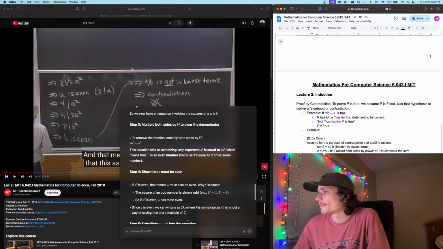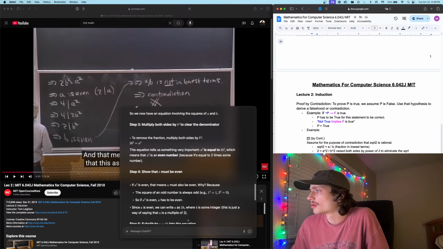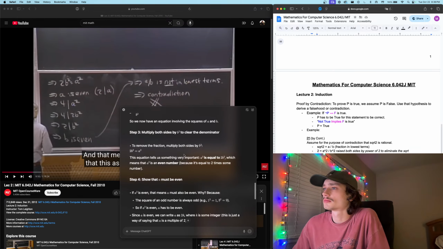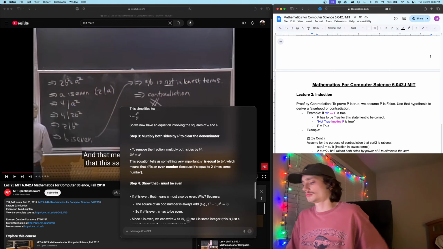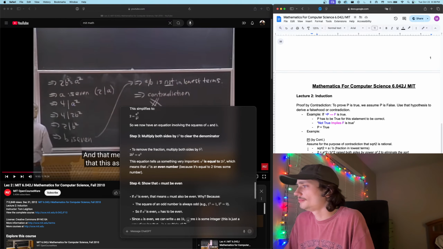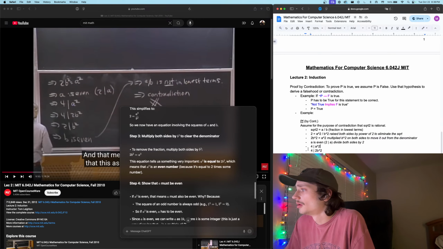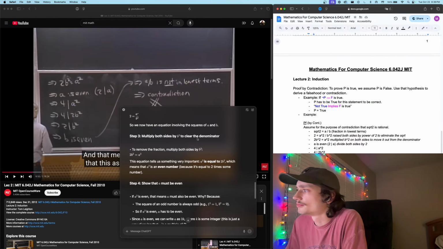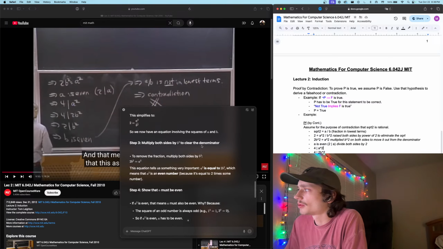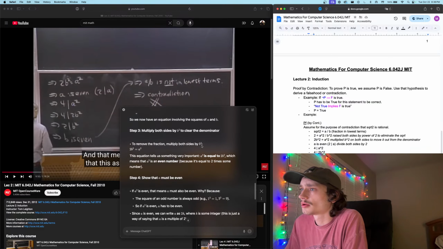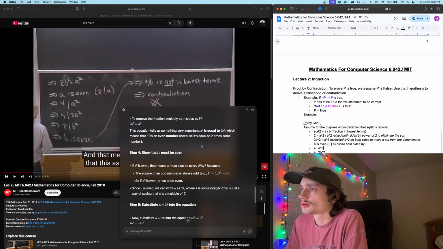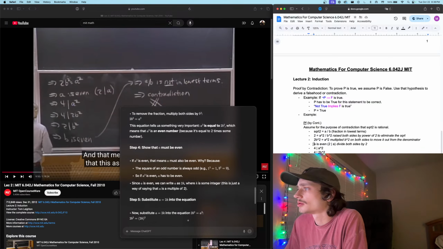So, okay. So multiply both sides, remove the denominator. a is even.